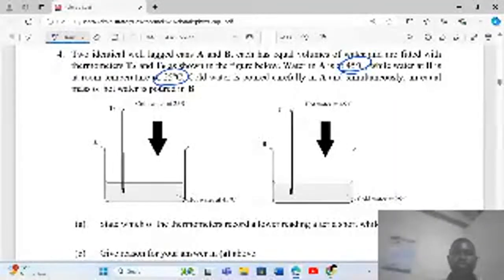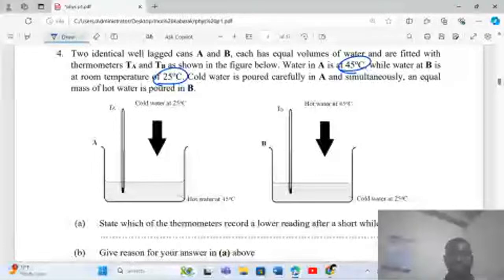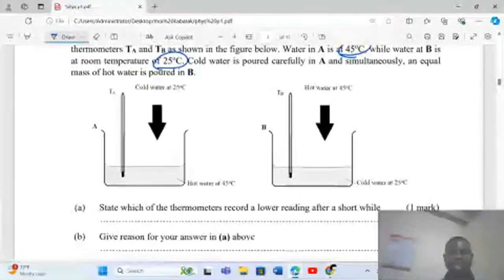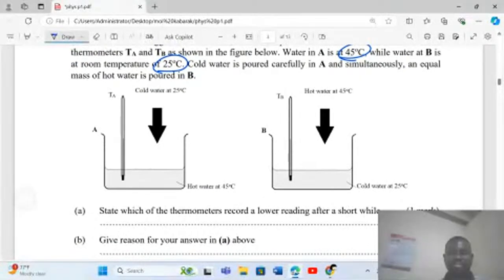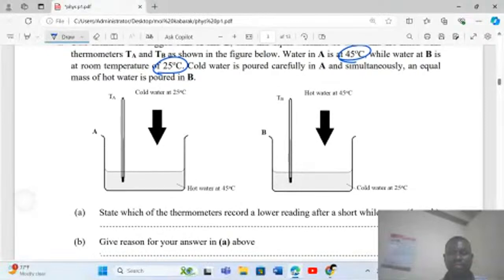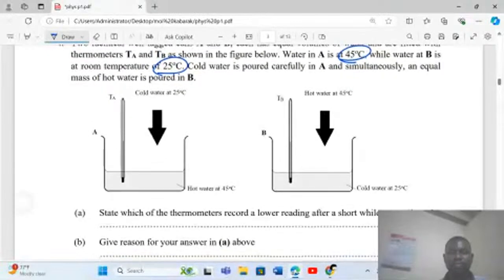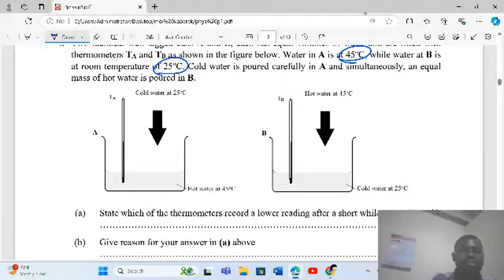Then you are told cold water is poured carefully in A, and simultaneously an equal mass of hot water is poured in B. State which of the thermometers records a lower reading after a short while.